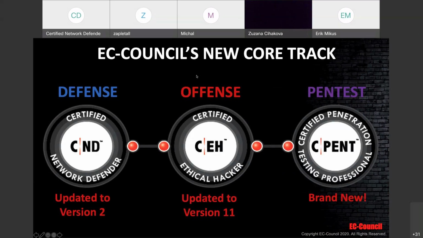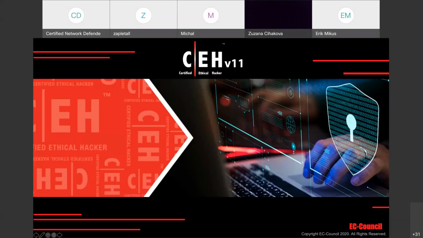The next step in that track is the Certified Ethical Hacker, and next week we have our Certified Penetration Tester, where one of our instructors, it's far too technical for me to demonstrate, one of our certified penetration testing professionals, will deliver that webinar. So if you're looking for something far more technical and a deep dive into things like the labs, the cyber range and the penetration test, please do join that webinar as well.